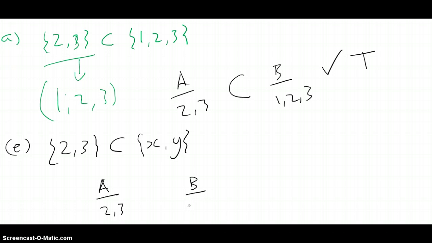B has set numbers X and Y. Is 2 and 3 part of the bigger set, which contains the elements X, Y? In other words, is 2 and 3 in B? No. Therefore, this statement is false, because 2 and 3 are not contained inside B.